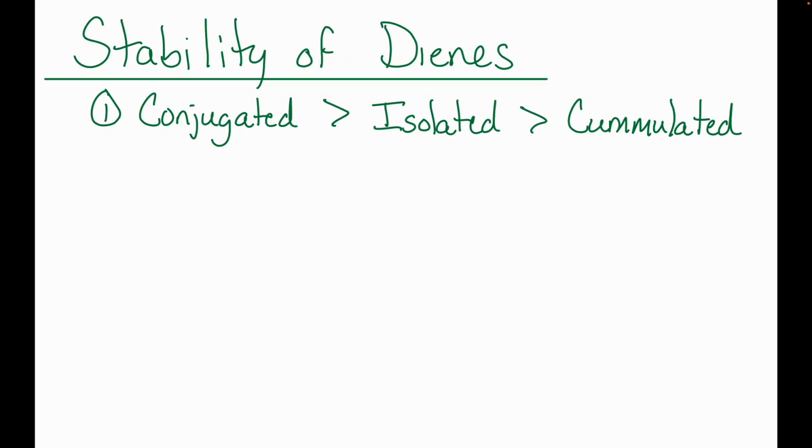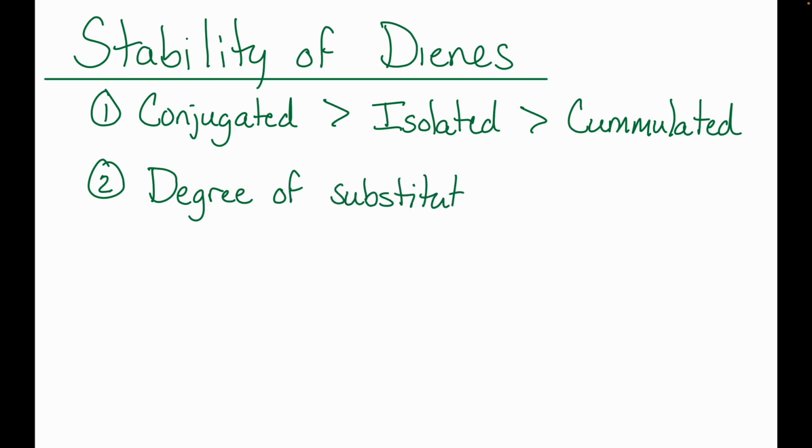All right, there are two other factors that will play in here that we discussed last semester with regard to alkenes in general, and that is what we call degree of substitution. And then lastly, that stereochemistry that we discussed today. And we'll see examples of that next class.